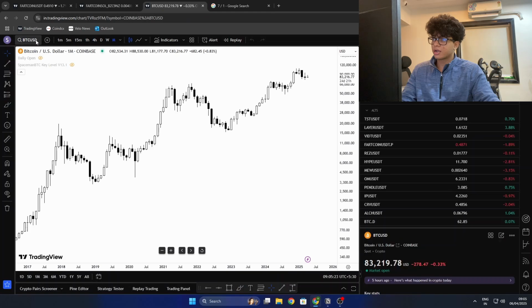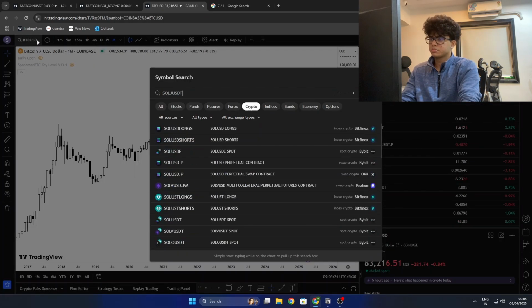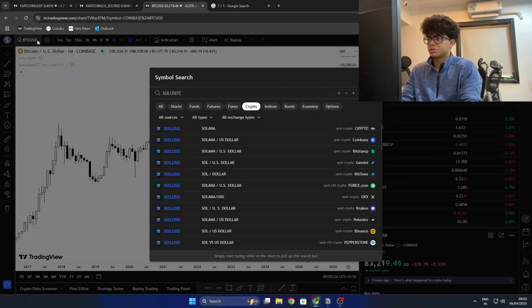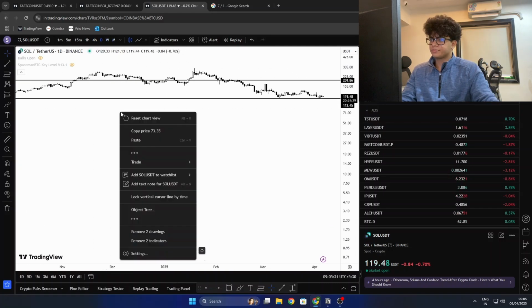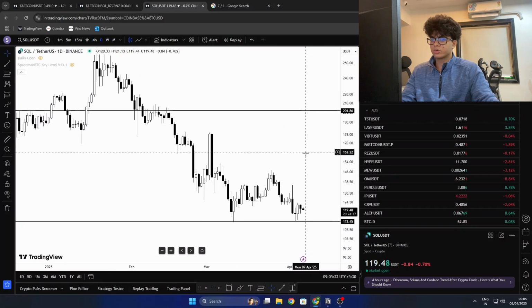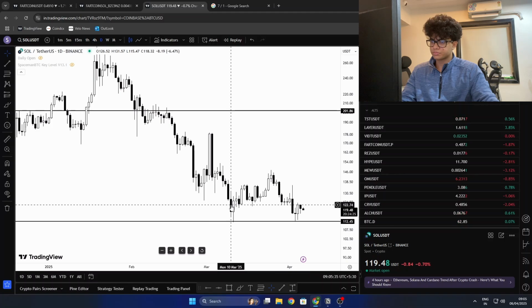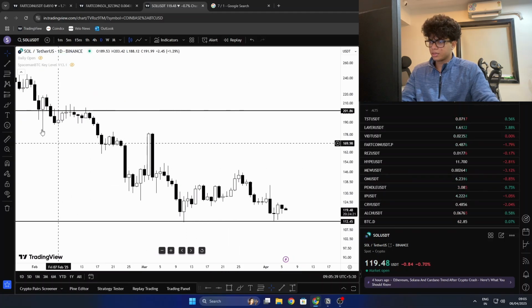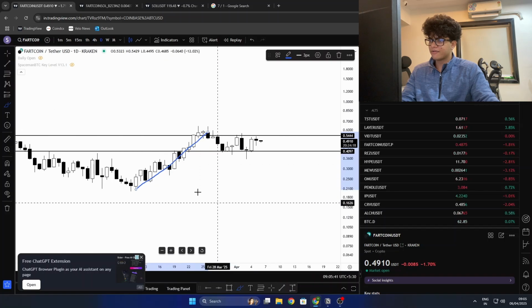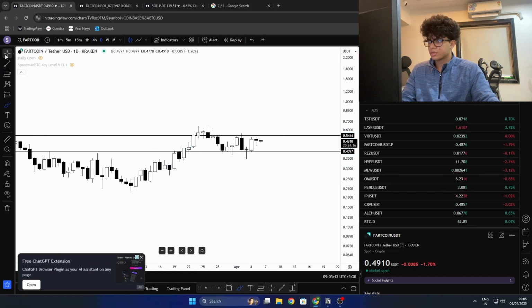Now let's check Solana, because Fatcoin is built on Solana. So 11th March, right? What was Solana doing on 11th March? It went up. Solana went up and Fatcoin also went up, as you can see here.